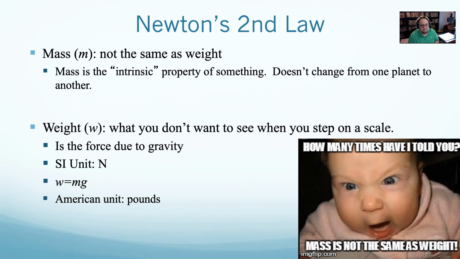But mass in kilograms is kind of hard to measure. There's a few ways you can. If instead you step on a bathroom scale, what happens is gravity is applying a force downwards. The scale measures that force.